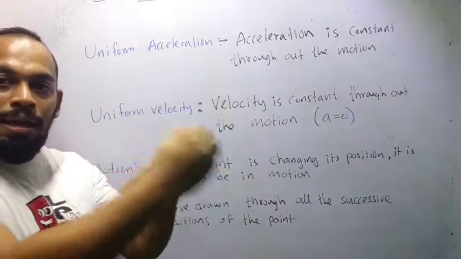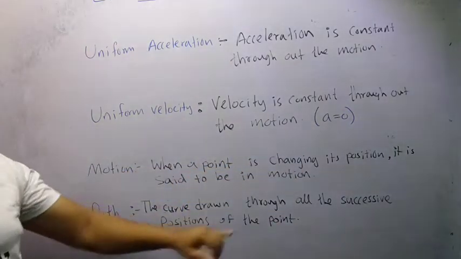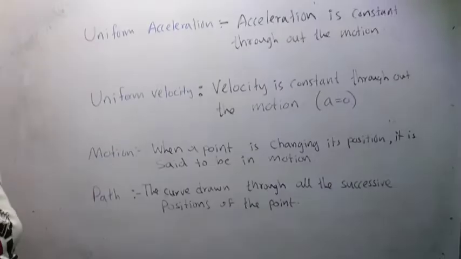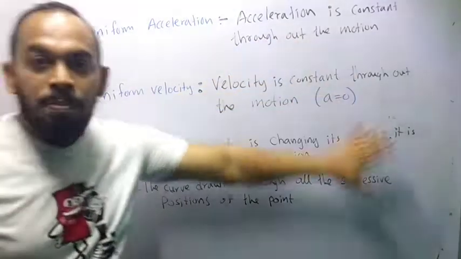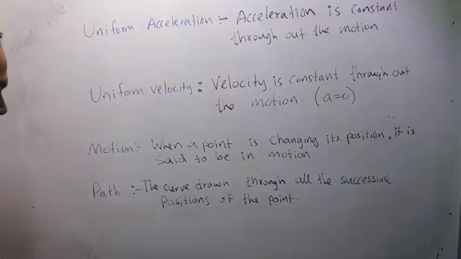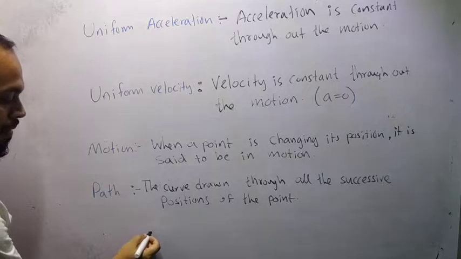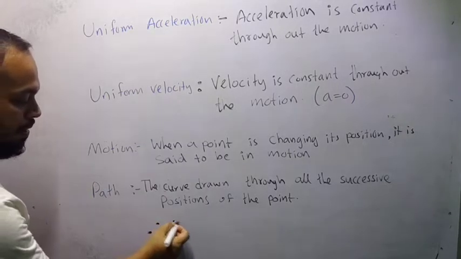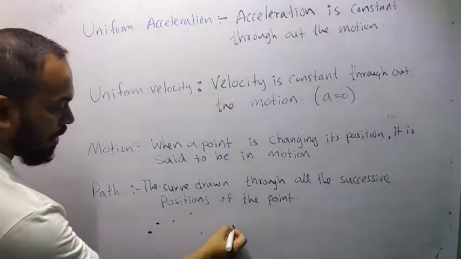Successive positions of the point. What does it mean? Suppose you are at T. Now, this is a plane. Your particle is here. Then after certain times, it comes here, here, here, here. It goes like this.